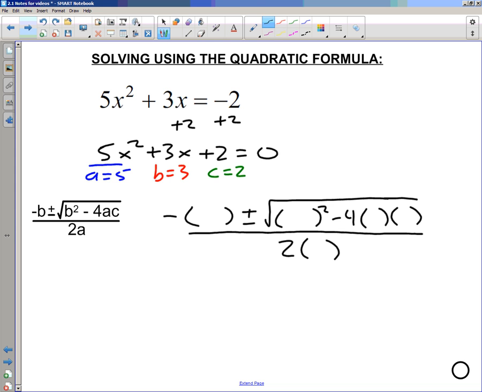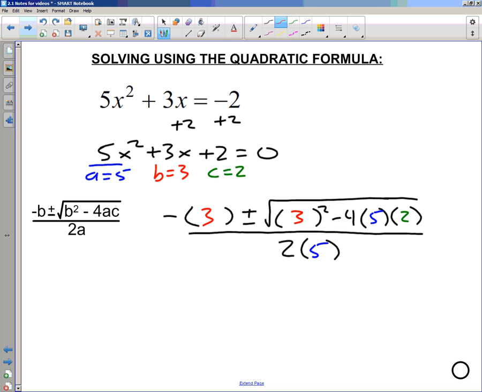Now my next step, I just need to plug in the values. The structure is already in place. It's less for my brain to think about at one time, and I find I make fewer mistakes that way. All right, let's go ahead and fill in our values now. B is 3, B is 3, A is 5, and another A down here, and C is 2.